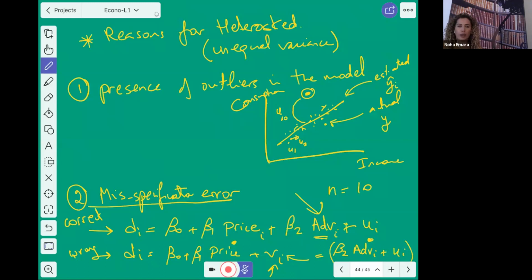So how can you avoid that? By looking here, I can avoid the outlier by graphing my data set, checking that I don't have any data point outside the range of observation. And for point number 2, which is the misspecification error, how can I avoid that? I need to study my model.